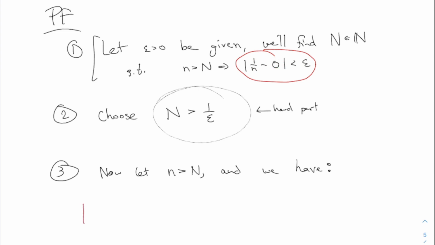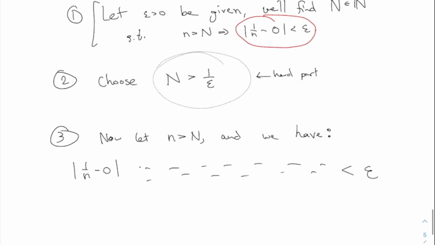So I'm going to start with, in black, the absolute value of 1 over n minus 0. I'm going to do a bunch of maybe equal signs, maybe less than signs, eventually saying less than epsilon. That's where I'm going with this. And if I'm able to do that, that's the end of the proof, right? Because that's what we needed to demonstrate: the absolute value of 1 over n minus 0 is less than epsilon. All right?